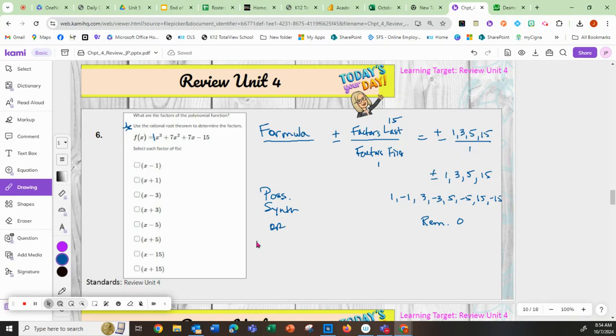We would take our function and put in positive 1. So I'm going to show what that would look like in your calculator for 1. That would be 1 cubed plus 7 times 1 squared plus 7 times 1 minus 15, and we would be looking for a 0. So on this one, I would suggest using the calculator.